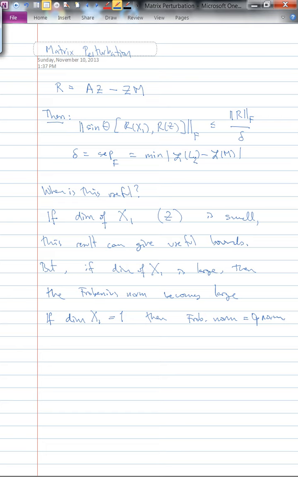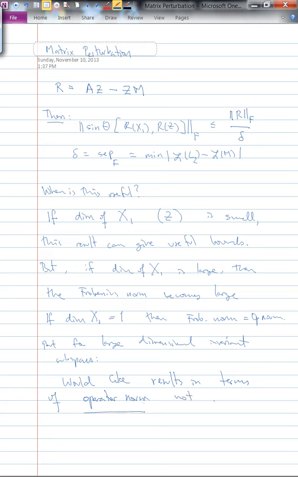But suppose we have large-dimensional invariant subspaces, what would we like? We would like results in terms of the operator norm, not the Frobenius norm.